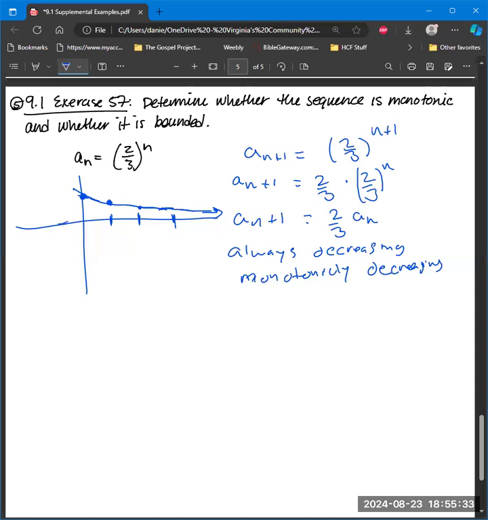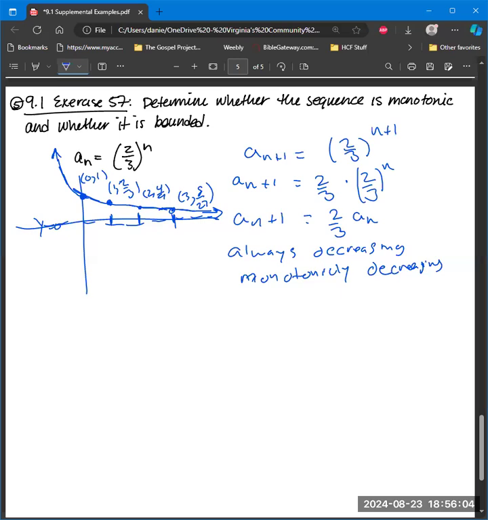So this is exponential decay, getting closer and closer to this horizontal asymptote of y equals 0, like that. So 0 is 1, 1 is 2/3, 2 is 4/9, 3 is 8/27, and so on.